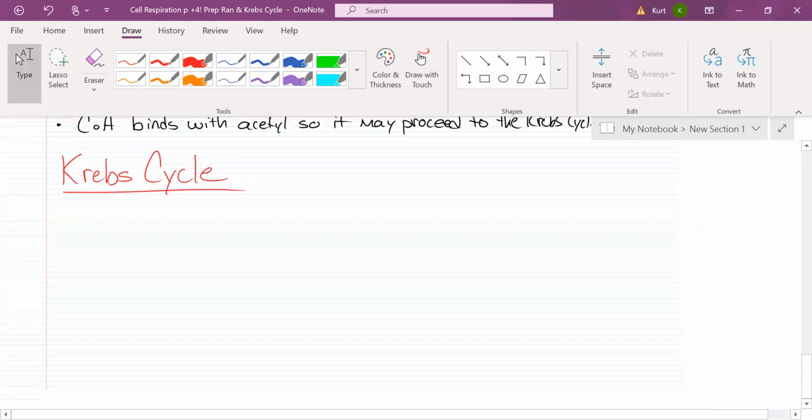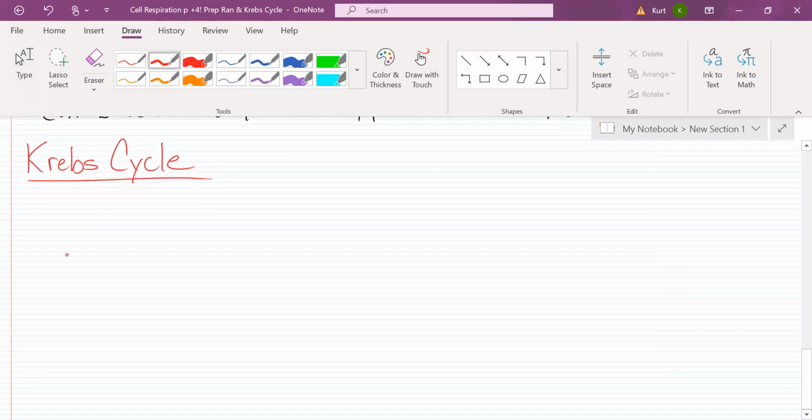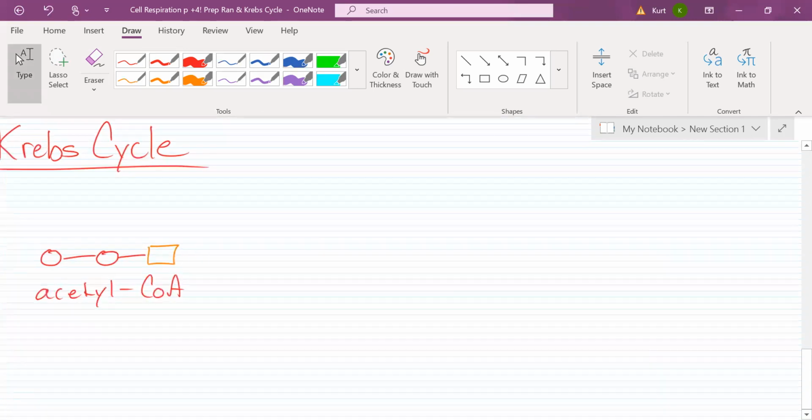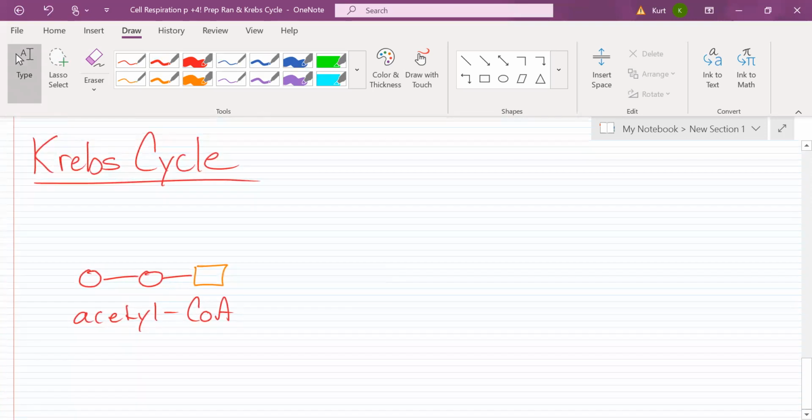Here we go. We're going to pick up where we left off with the prep reaction. This is the acetyl coenzyme A. Now, this is jumping into the Krebs cycle.